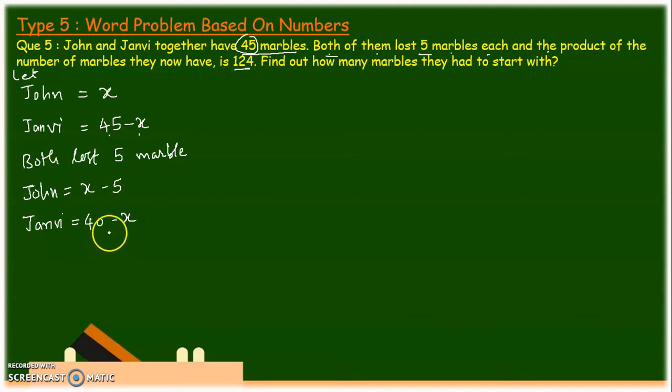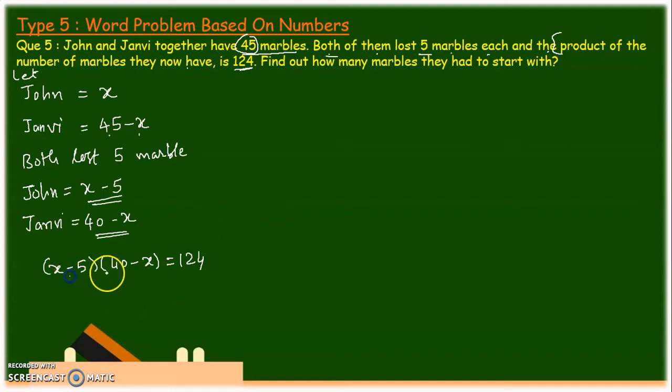Okay, and now it is given that the product of the number of marbles they have now is equal to 124. It means the product of x minus 5 and 40 minus x is equal to 124. So if you solve this equation, we will get a quadratic equation, and then we can find out the value of x.